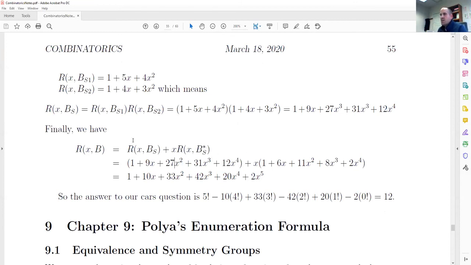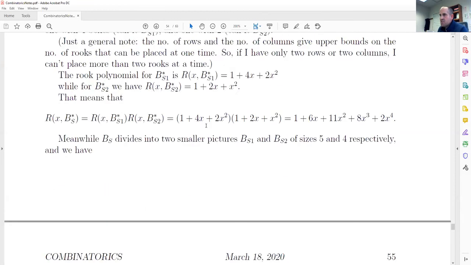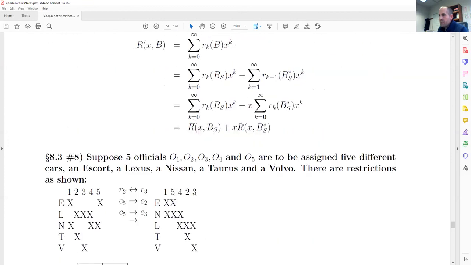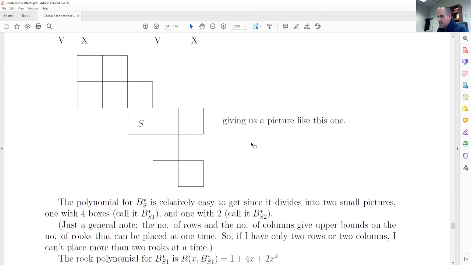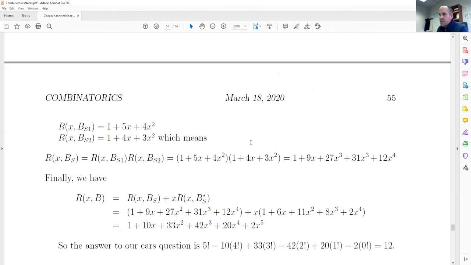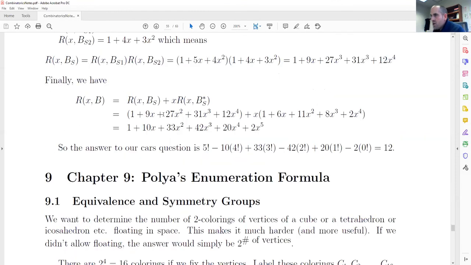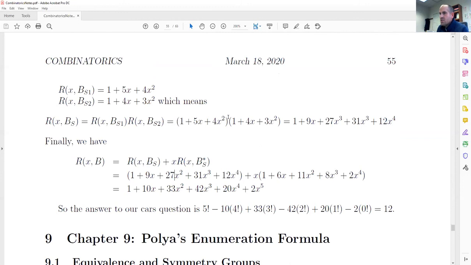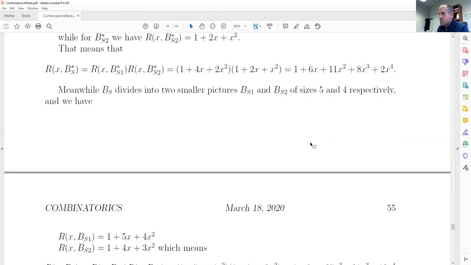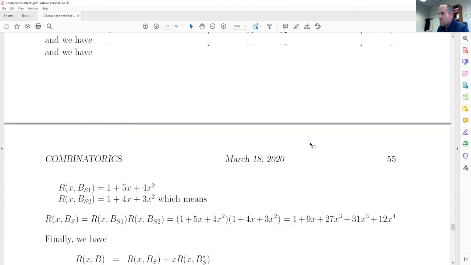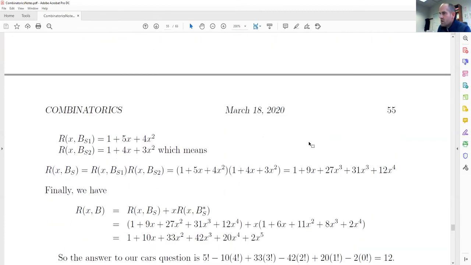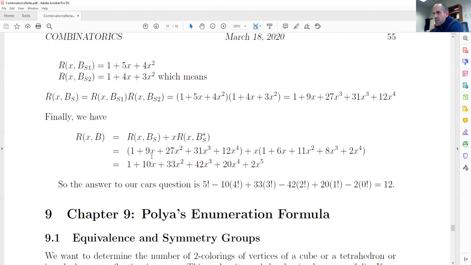So what happens here? The R(x, B) is going to be R(x, B_S), I'm just using this identity up here, R(x, B_S) plus x times R(x, B_S star). Okay. So I have R(x, B_S), which is this, plus x times R(x, B_S star). I just want to make sure that there are no other typos lurking here. I don't think there are. Okay, so what do we get?